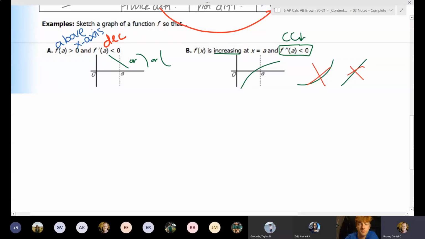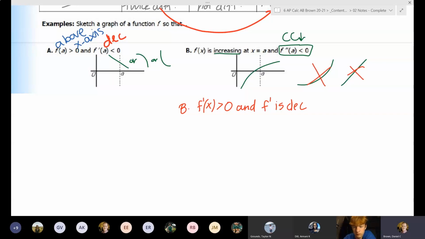I do want to say that there are lots of different ways we could have written this question. For example, I could have written B as this statement, f prime of x is greater than 0 and f prime is decreasing. That statement I just wrote down means exactly the same thing as what was typed in originally.